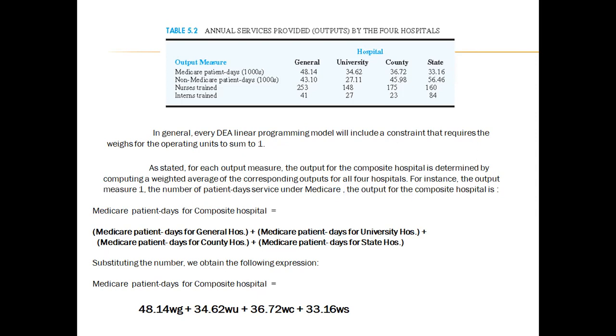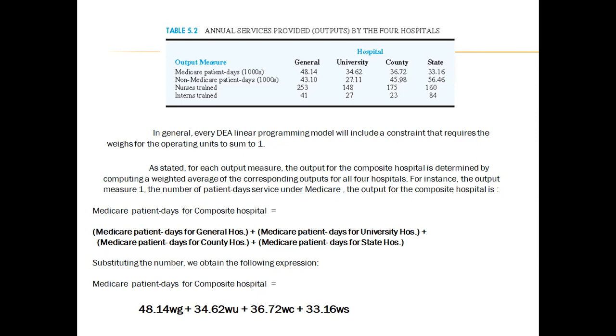So in general, every DEA linear programming model will include a constraint that requires the weights for the operating units to sum to 1, the same as what we did a while ago. As stated, for each output measure, the output for the composite hospital is determined by computing a weighted average of the corresponding outputs for all four hospitals.